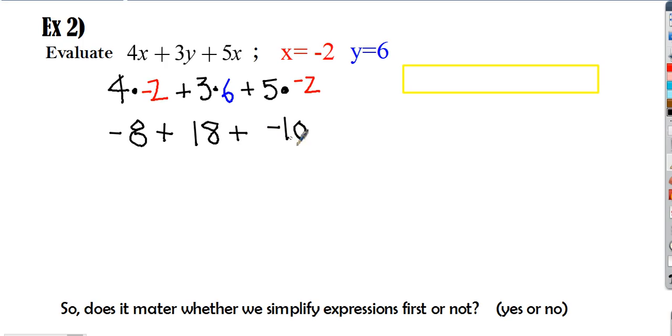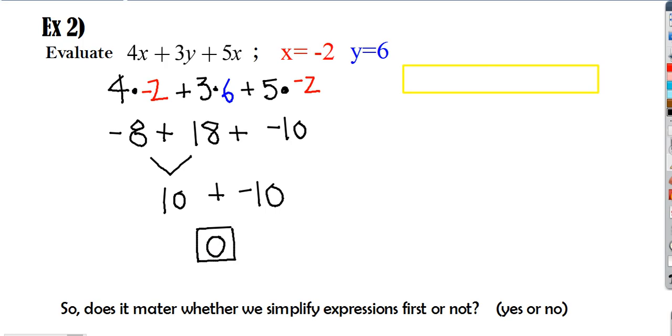So again, we only have addition, so let's go from left to right. -8 plus +18, that's different signs, so we subtract and take the sign of the higher number. 18 minus 8 is 10. It's going to be +10 plus -10. We're adding two opposite numbers, so this is going to be equal to 0.